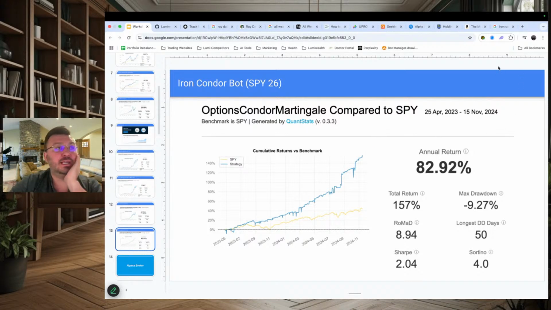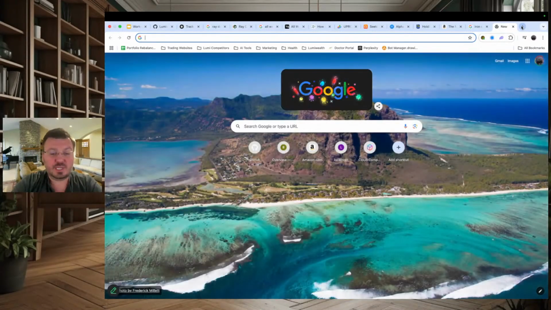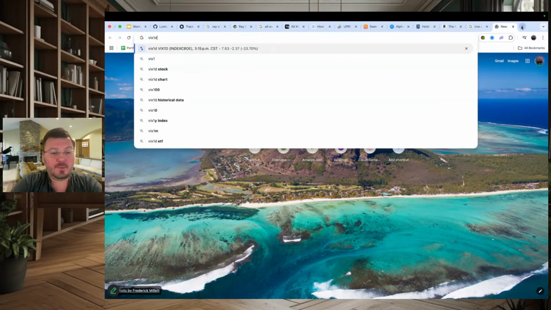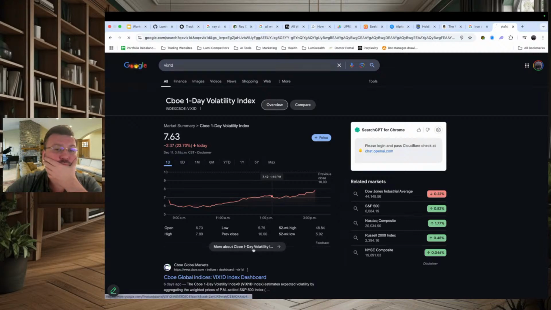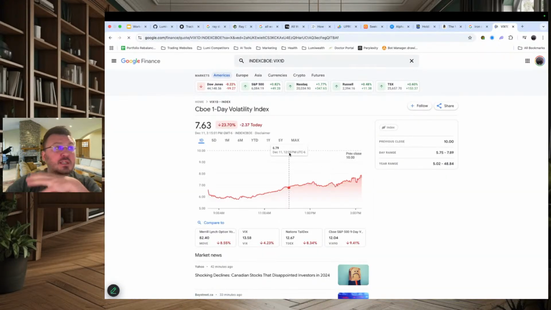And then we're also doing things like looking at the VIX, right? We're specifically looking at this index called the VIX 1 day, right? So if you know what the VIX looks like, it's a volatility index, right? Basically checking, what's happening with the market today. Is today a volatile day, or is it like a risky type day or not, right?